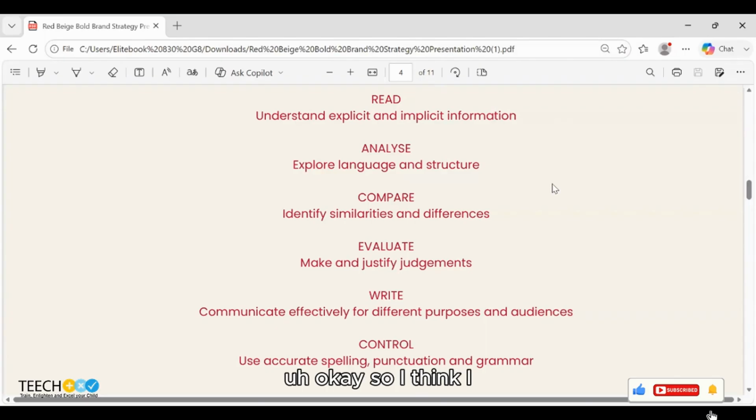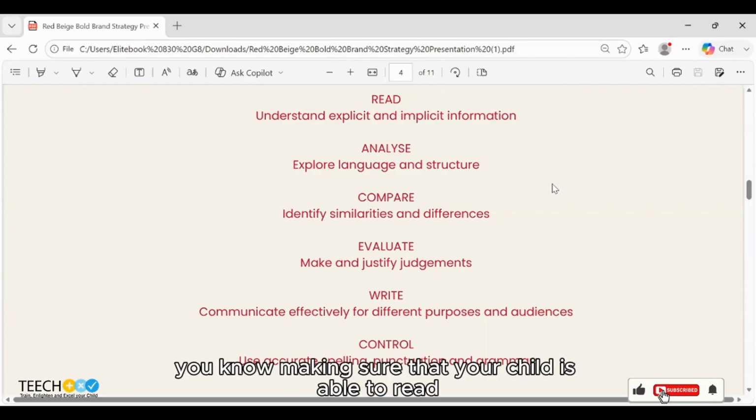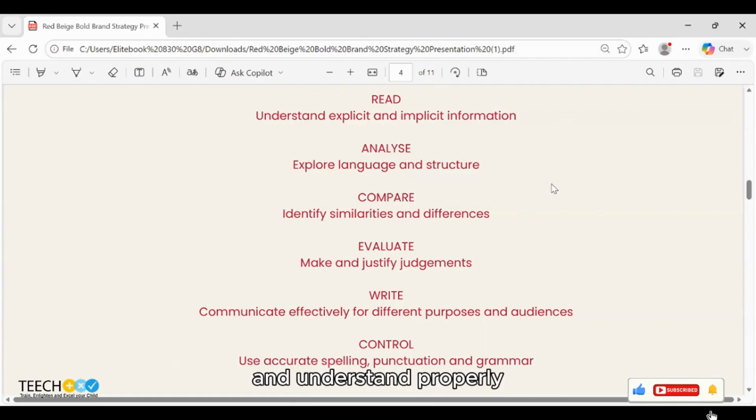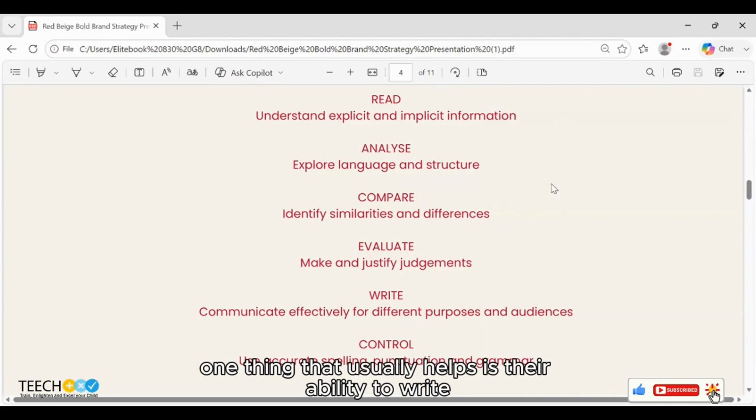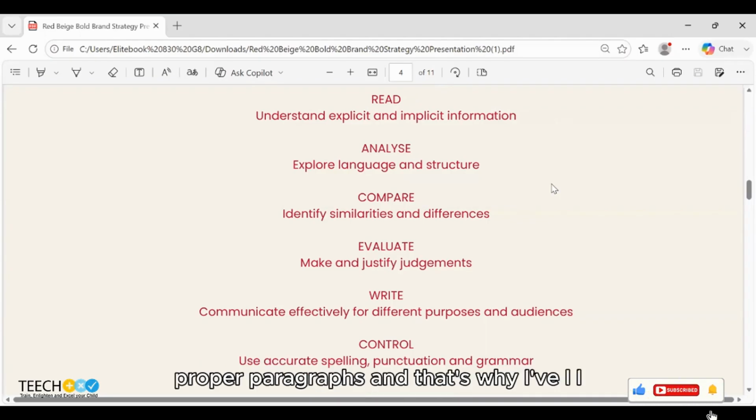One thing after making sure that your child is able to read and understand properly, that usually helps is their ability to write proper paragraphs, and that's why I emphasized the PEEL paragraph writing structure.